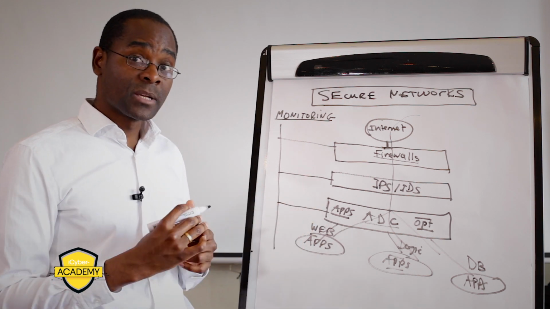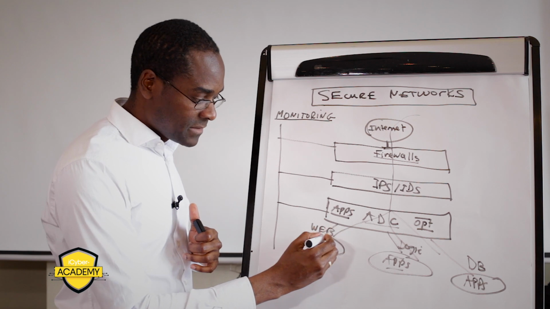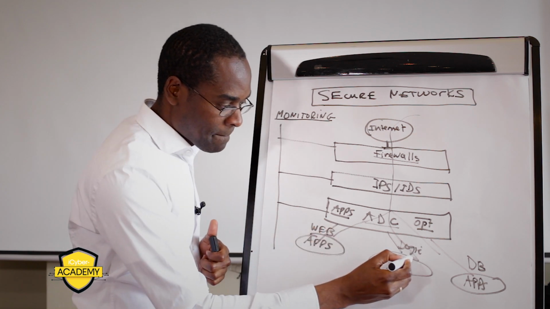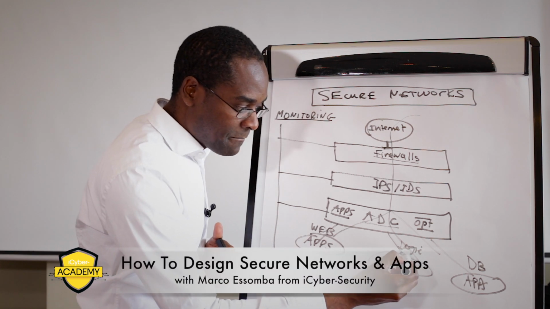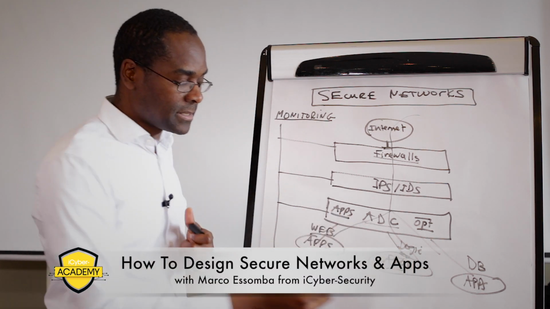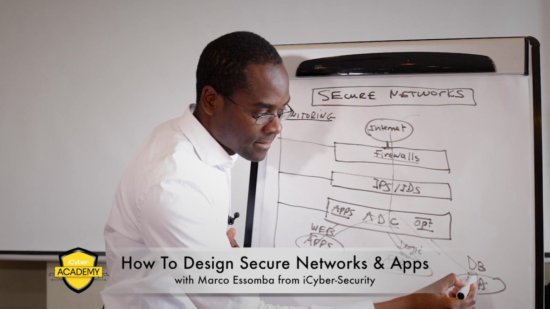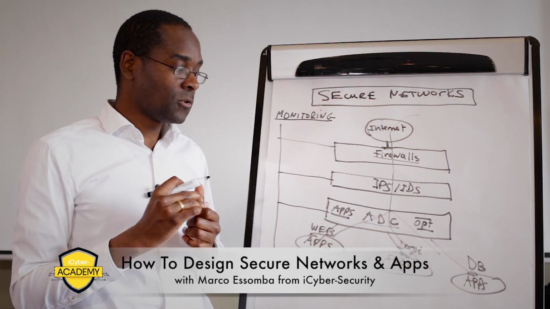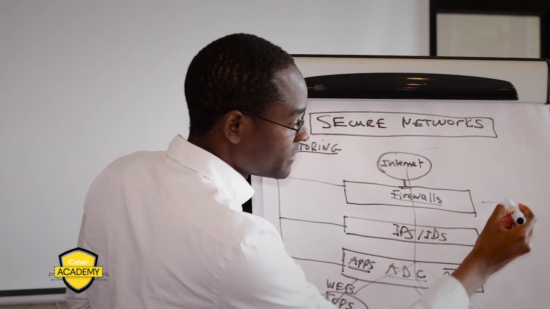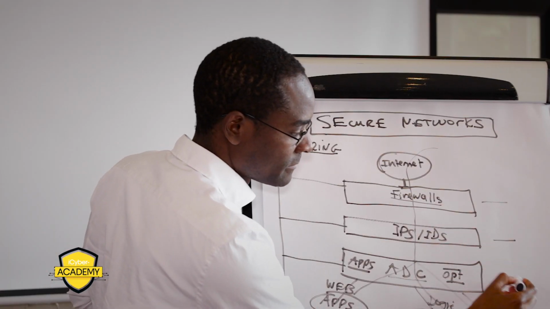And depending on how the network is designed, you might also have different zones, as you can see here, where the web applications are separated at the network level, the application logic servers are separated, and finally the databases are separated. Again, this is to provide different layers of protection, different zones of our application.